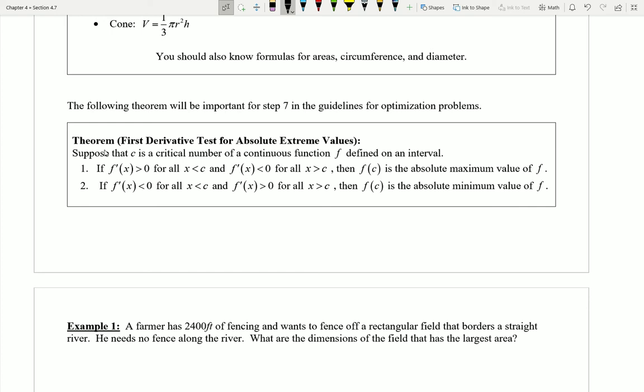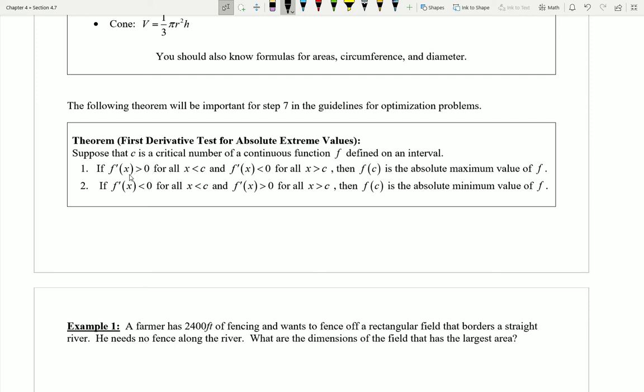Well, this theorem right here is an adaptation of the first derivative test that we had back in a previous section. What this really says here is, suppose that c, again some x value, is a critical number of a continuous function, which is defined on some interval. Now here's an important idea.